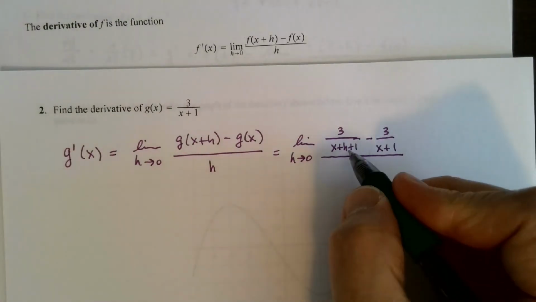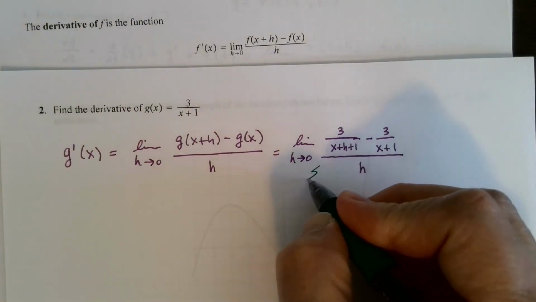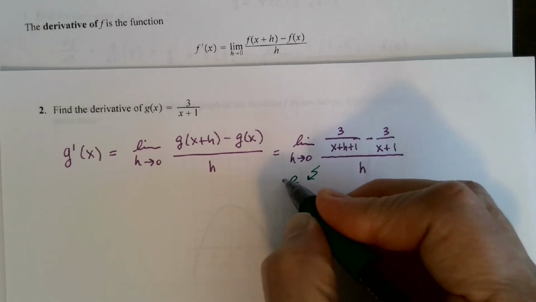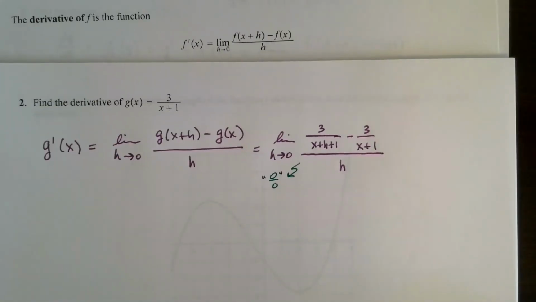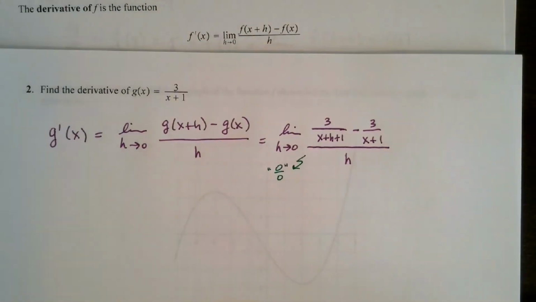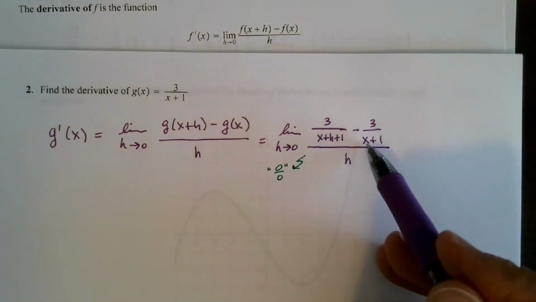Of course, if I plug in directly, we know what's going to happen, right? When I let h be 0, this is going to be in the indeterminate form. Okay. How do we simplify and evaluate this limit algebraically? Do you remember? We're going to clear out these smaller fractions within the big fraction.